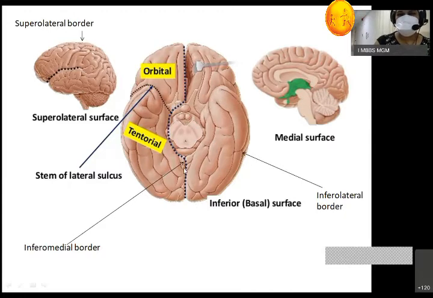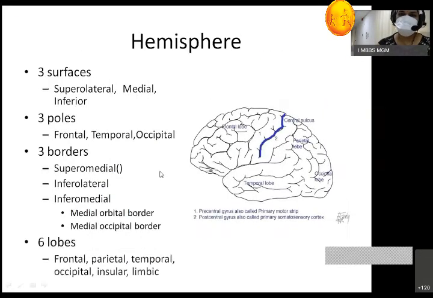In this inferior surface, this dotted blue line suggests the inferomedial border, which is separating the medial surface from the inferior surface. As in between the two cerebral hemispheres there is a brainstem, this is the midbrain, so that's why this border is not straight. I hope you understood the borders.